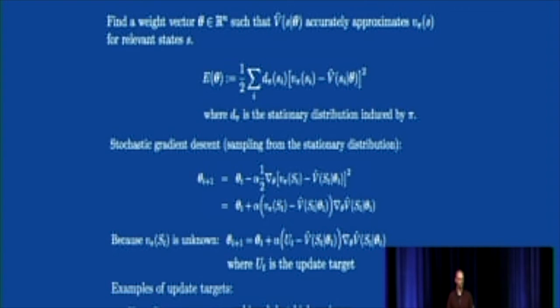It's a biased one, but it has a very low variance, and it often results in much faster learning. And this technique of bootstrapping your update target on other value estimates is called temporal difference learning. So now we have a method to estimate a value function from samples. And you can do that for the state value function v, but also for the action value function q.